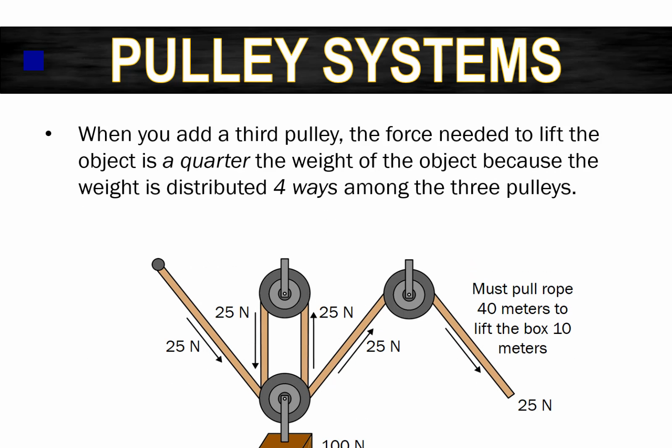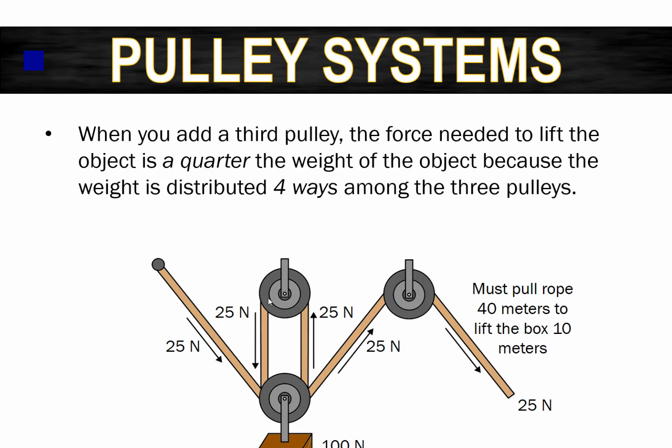When you add a 3rd pulley, the force needed to lift the object is 1/4 the weight of the object because the weight is distributed 4 ways among the 3 pulleys, right? So we have our supporting rope taking part of it, one of our pulleys taking part of it, so each pulley takes another part, and our supporting fixed part takes a part of it, right?